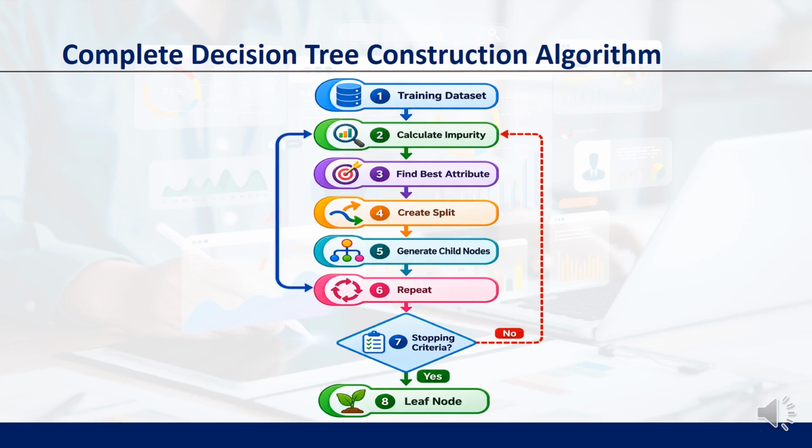The poor credit score group may still contain both approved and rejected customers. Therefore, the algorithm evaluates another attribute such as income. The process continues until the stopping condition is satisfied. This example shows why decision tree construction is called recursive partitioning. The algorithm keeps solving smaller versions of the original problem.